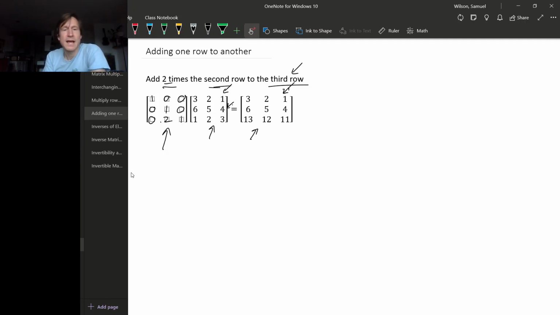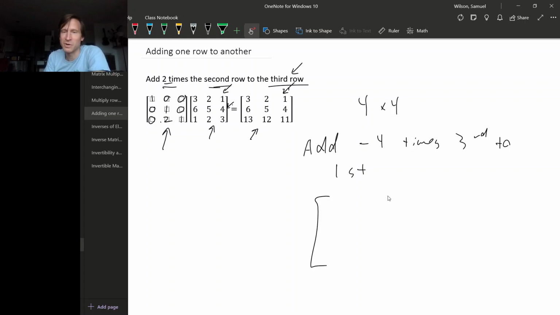And so this 3 by 3 matrix will do this row operation. As usual, it's pretty easy to figure out a matrix that will do any of these row operations. So just to pick another one, let's say we want to add minus 4 times the third row to the first row. And let's say again this is a 4 by 4. We're looking for a 4 by 4 matrix operation.